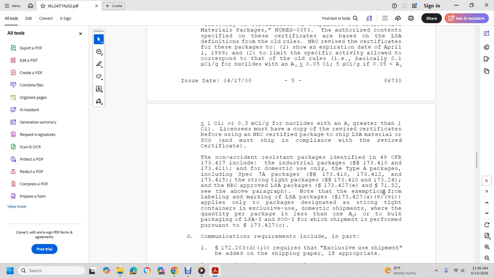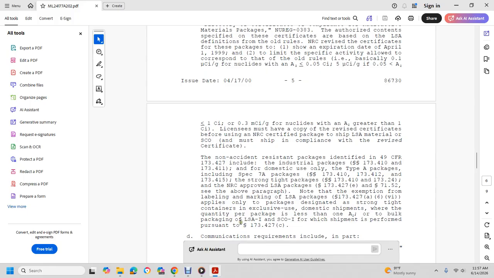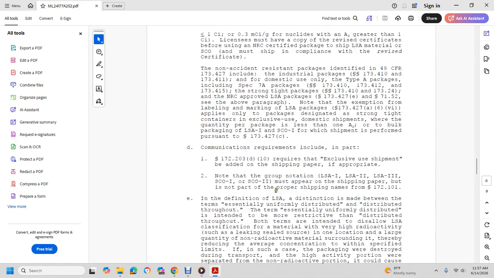The labeling and marking requirements of 173.427 A 6 apply to the package designated as strong tight, with containment, exclusive use domestic shipment, where the quantity per package is less than 1 A2. The default packaging for LSA-I and contaminated object I is for shipment performed pursuant to 173.427C.